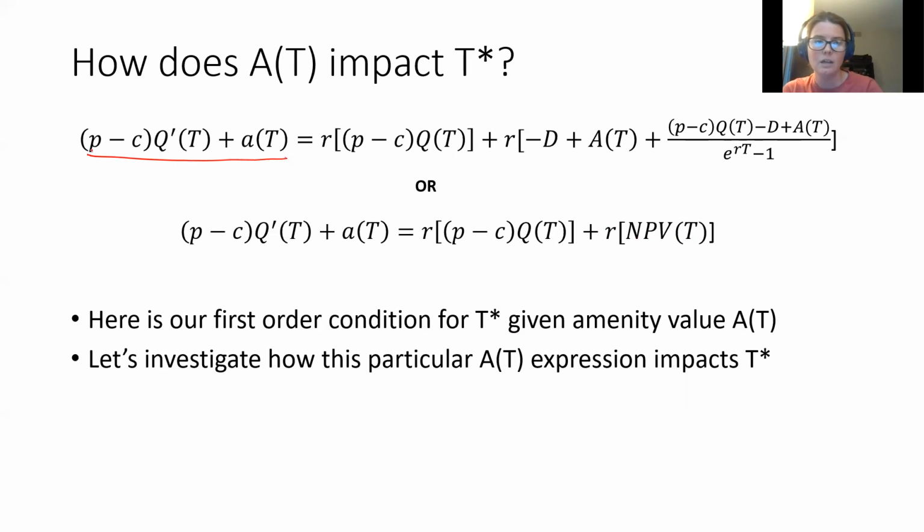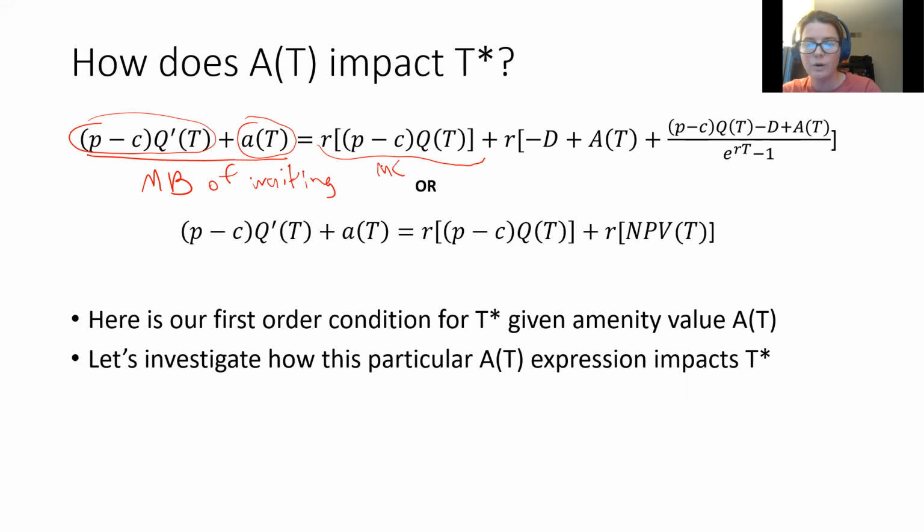So this is the marginal benefit, the left-hand side of our first order condition: the marginal benefit of waiting to harvest, which is our timber value of waiting to harvest, plus our amenity value of waiting to harvest, has to be equal to not waiting to harvest.